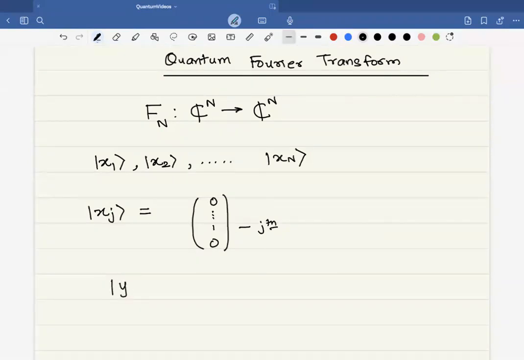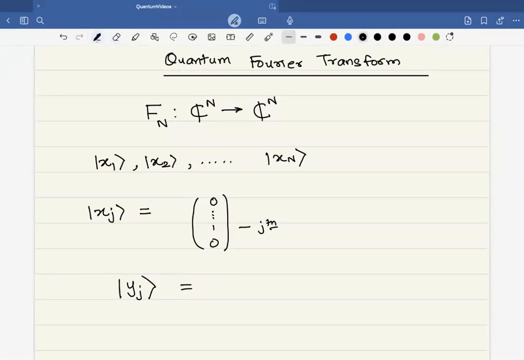So xj gets transformed under this. The basis goes through a transformation, and the new basis under this Fourier transformation is the Fourier basis, which looks like this.